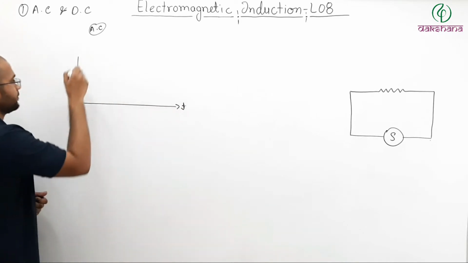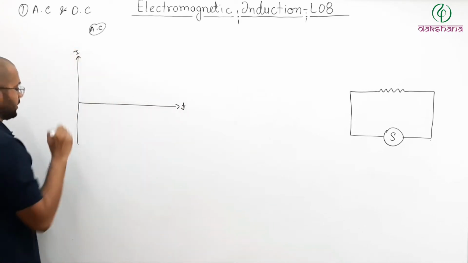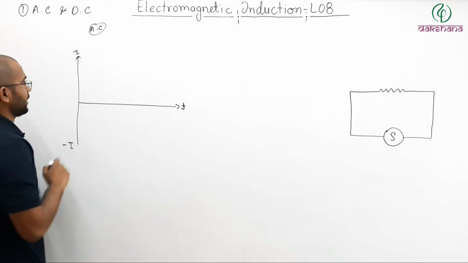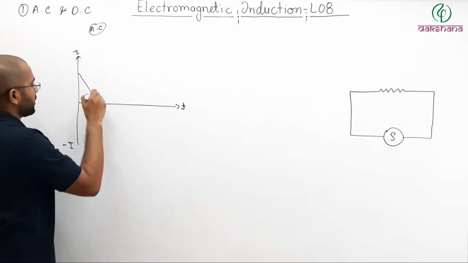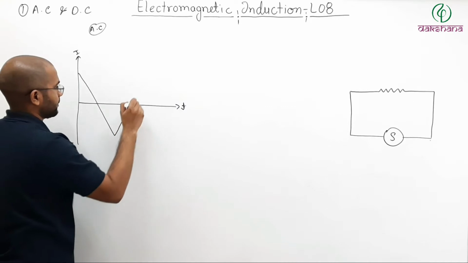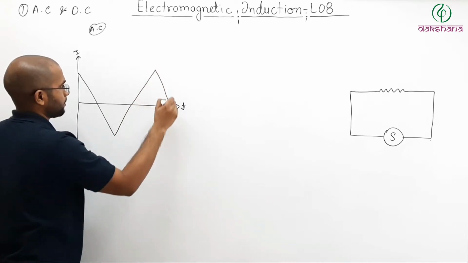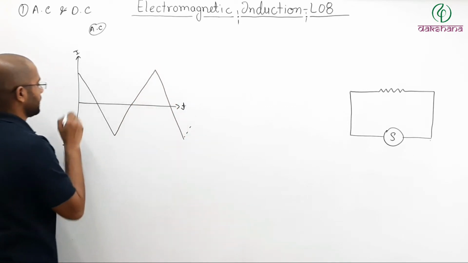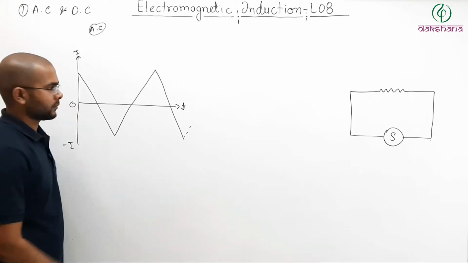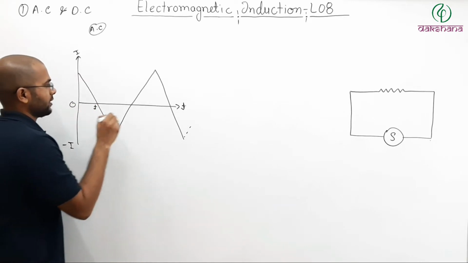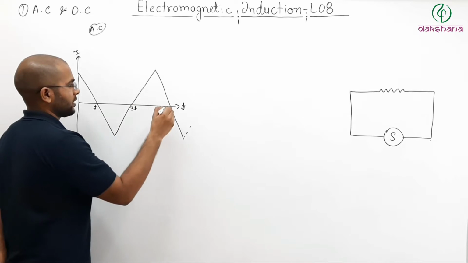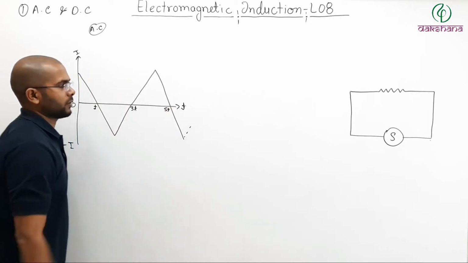This is your time, this is your current, here it is minus of current. So let us say that my current varies like this, and so on. So this was 0. Let us say this is time t, this is 3 times t, this is 5 times t and so on.